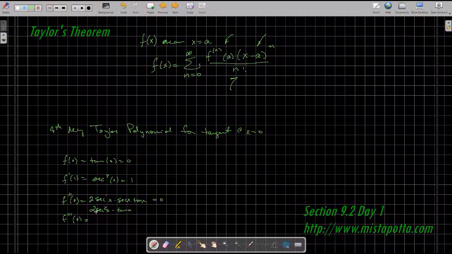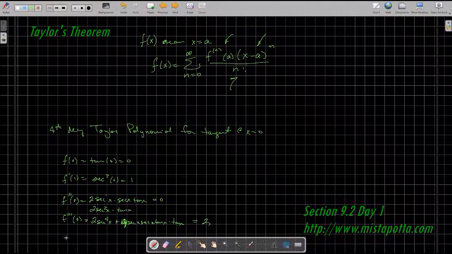So this is really going to be first times derivative of the second plus the second times the derivative of the first, which is going to be 2 secant squared x times secant squared x, plus 4 secant squared x tan x times tan x. But when I substitute x equals 0, I get 2.